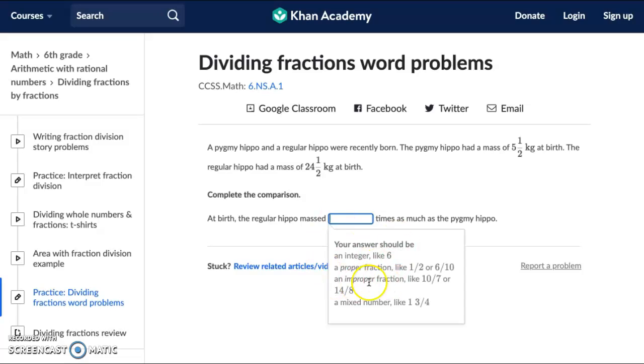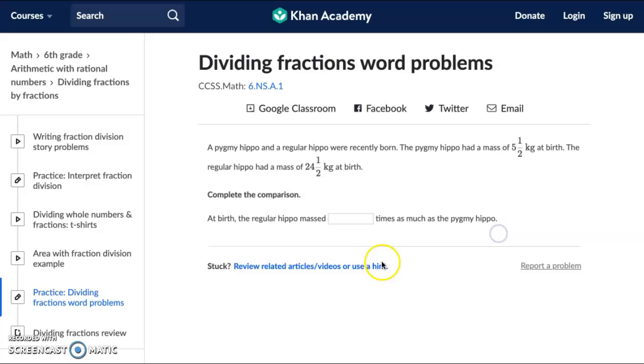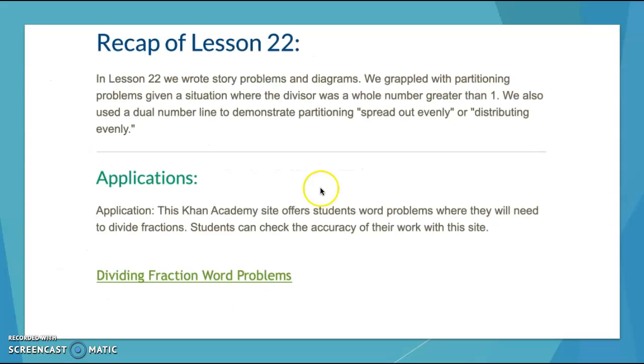So it gives you that information. Another wonderful thing, if you're stuck, review related articles, videos, or use a hint. So it's really proactive in supporting success. That's why so many people love this site and the resources available. Again, this is the recap, so it will also be the last slide if you want to revisit. And this is a hyperlink.